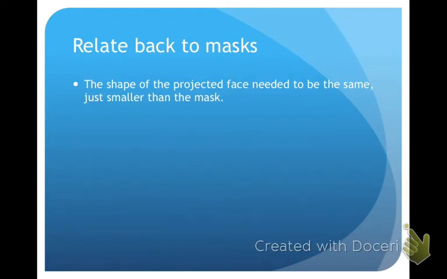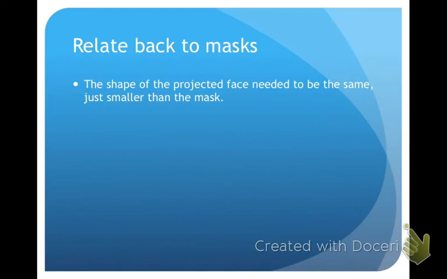So the shape of the projected face needed to be the same, just smaller than the mask. So you might have noticed that if the eyes were too wide apart in your projected image, or the face you were projecting, it wouldn't line up with the projected image. This is because even though we have a scale factor, that only affects the size. It doesn't affect the shape.